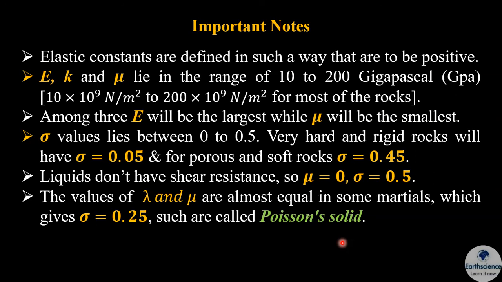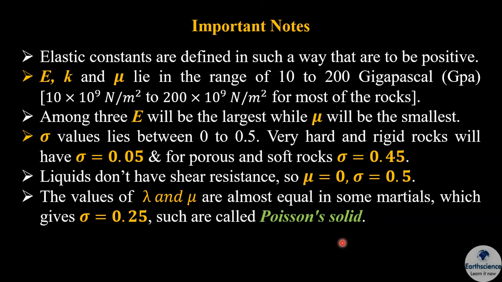For most rocks, this range is enough, but there are some other rocks with extreme values also. We will discuss it later in the seismic exploration parts. Among the three elastic moduli, Young's modulus will be the largest, while the shear modulus will be the smallest. Poisson's ratio theoretically lies between 0 and 0.5.